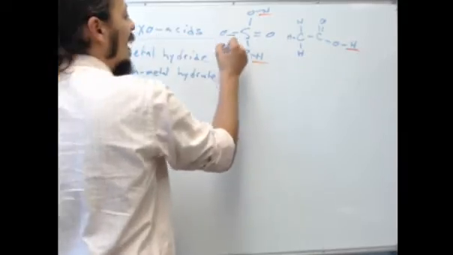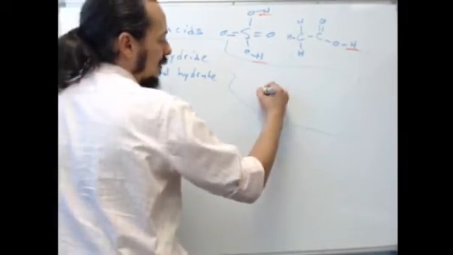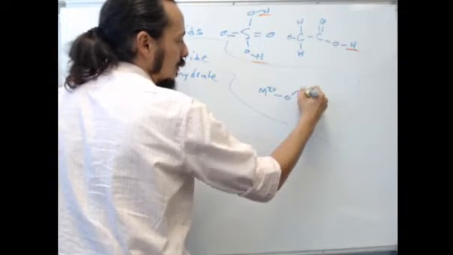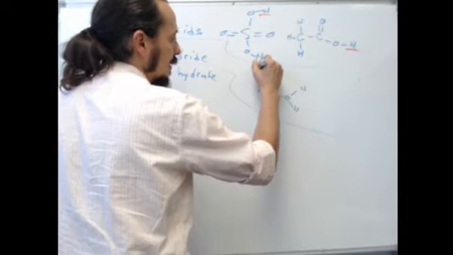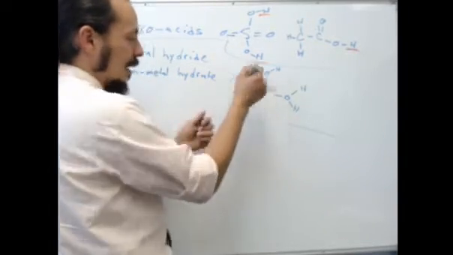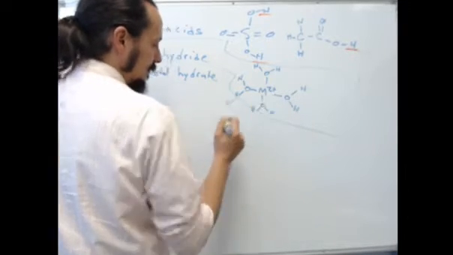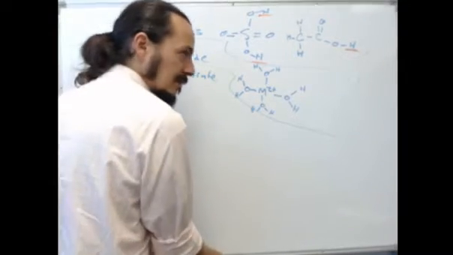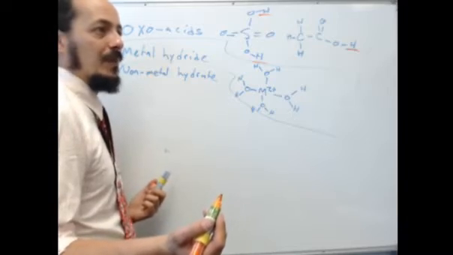If we look instead at metal hydrates, I'm just going to do a generic one. Let's say we've got some M2+, we've got some oxygen attached, we've got some waters attached through oxygen, and pretend I can draw three-dimensional. Let's keep going. If we look at where the acidic proton is, does it matter which one we pick?